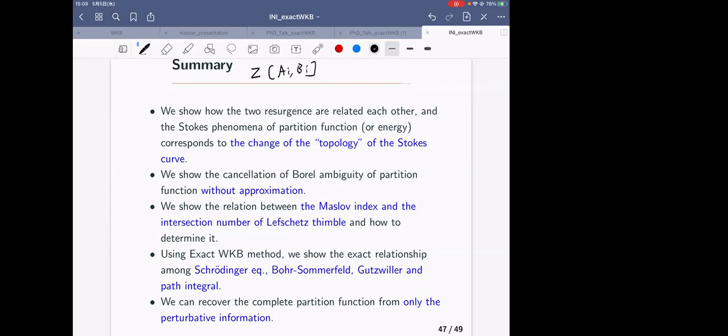So the partition function is also an asymptotic expansion in H bar. So the Borel transform and the Borel summation are here for the H bar term.